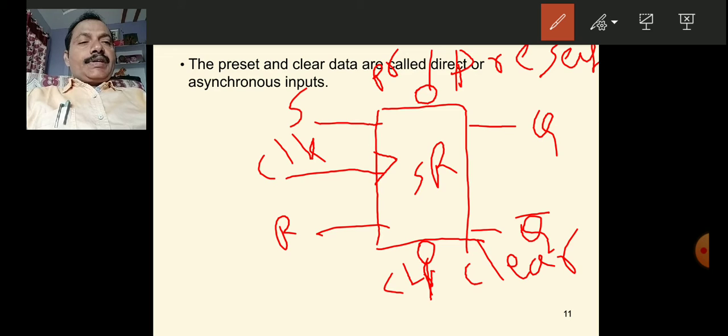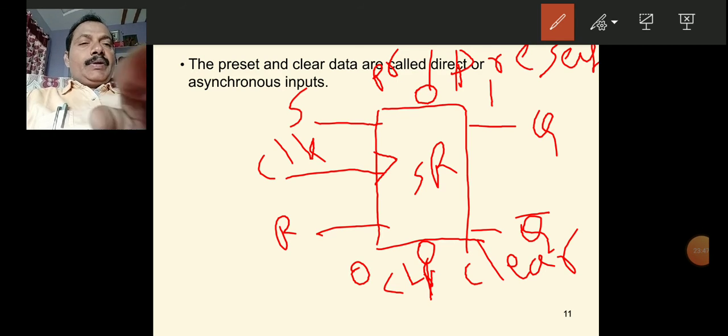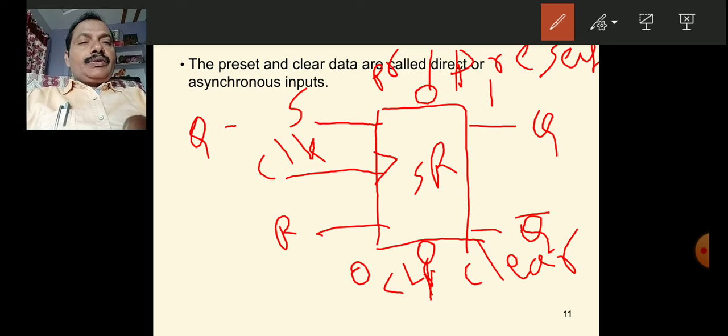Active low asynchronous inputs. That means whenever clear is 0 and the preset is 1, then what happens is the flip-flop is cleared to 0, Q equals 0. That is the case.